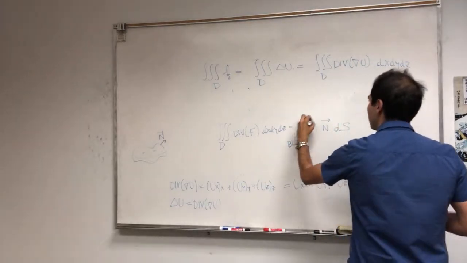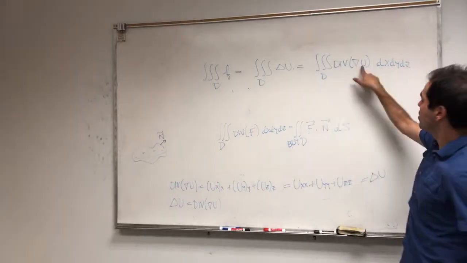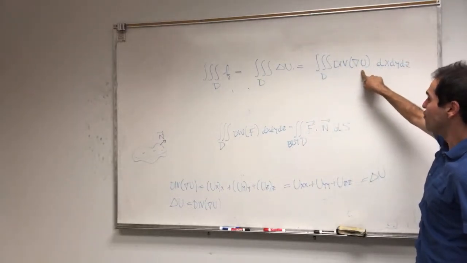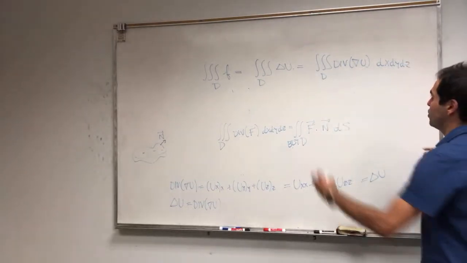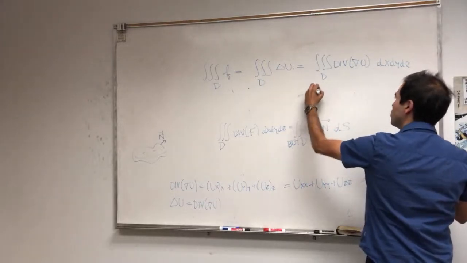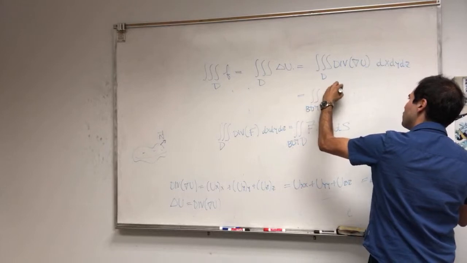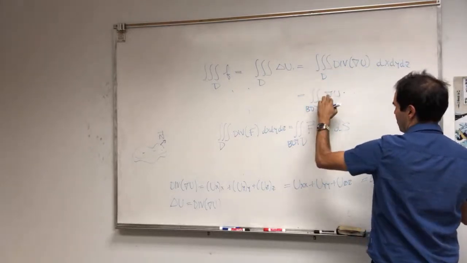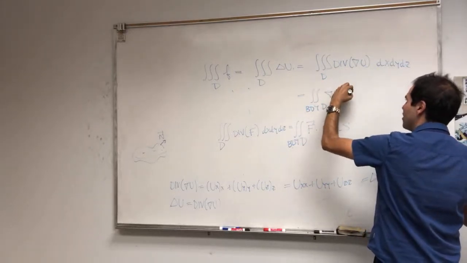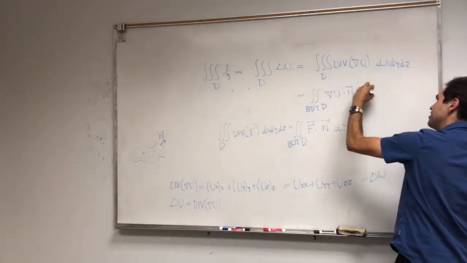Okay? Well, it's the same thing here, except F is just the gradient of u, so this becomes the double integral over the boundary of D of the gradient dotted with n dS.